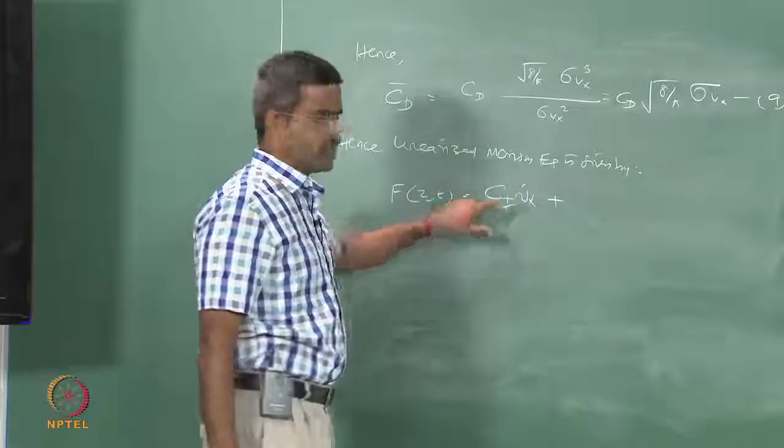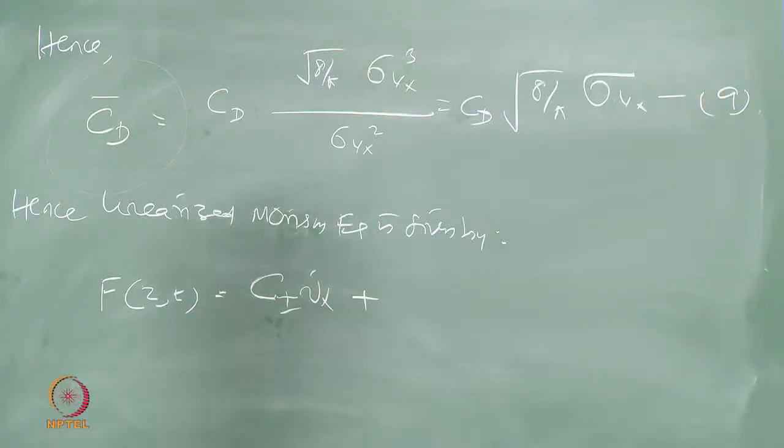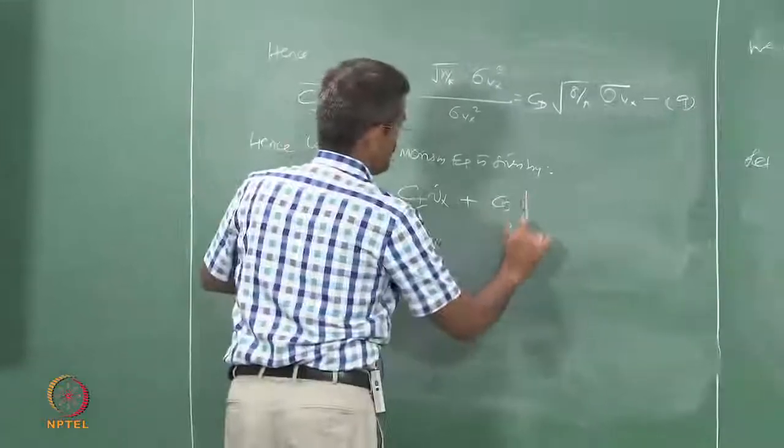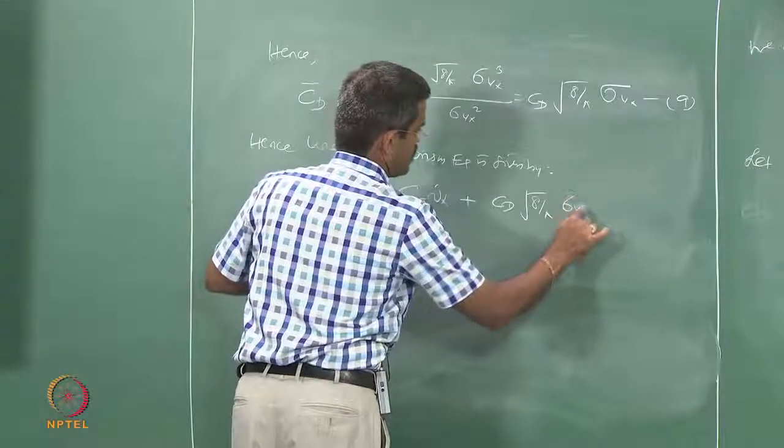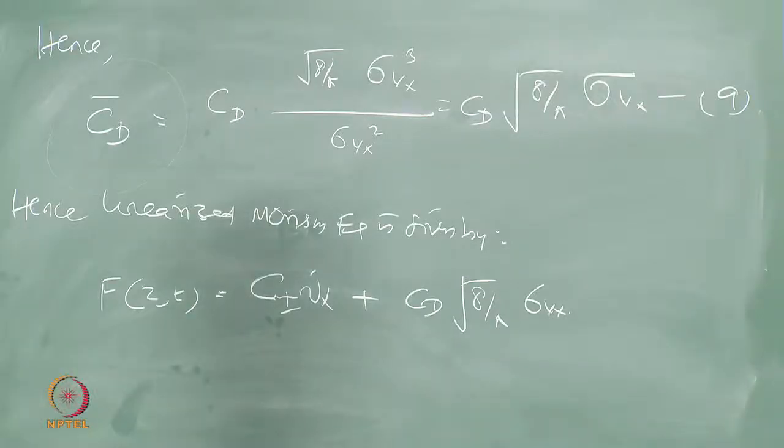We already know, you refer to equation 3. Ci is a component of two things, plus Cd root 8 by pi sigma Vx Vx.